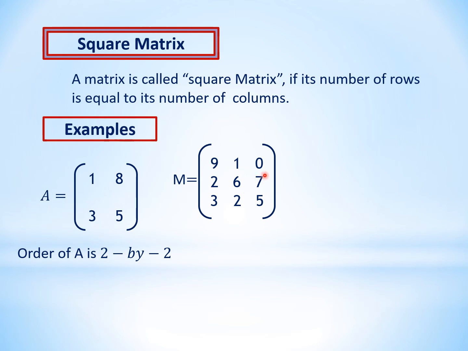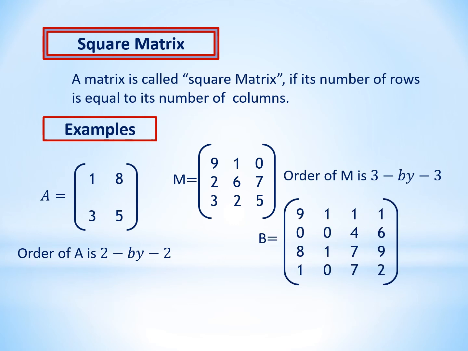M, it has 3 rows and 3 columns and its order is 3 by 3. Number of rows and columns are equal. That's why this matrix M is a square matrix. B, it has 4 rows and 4 columns.